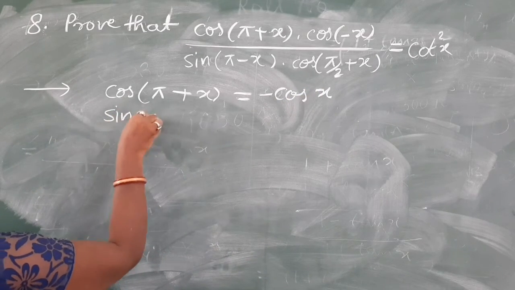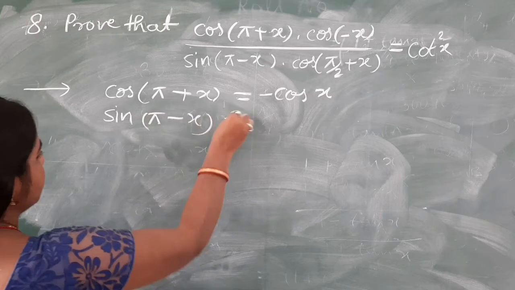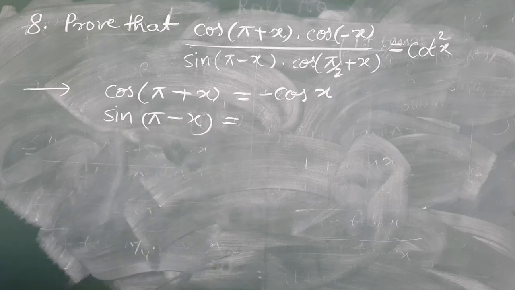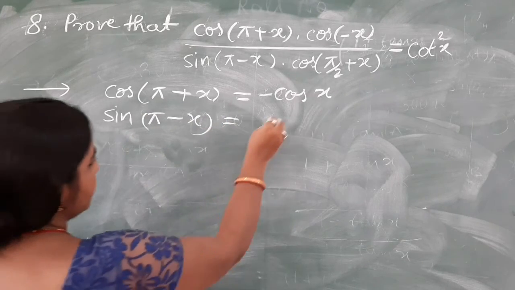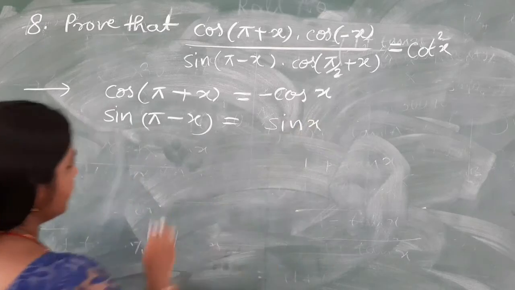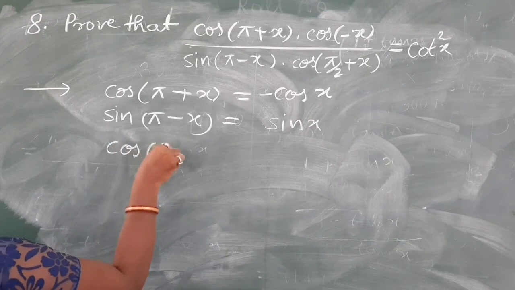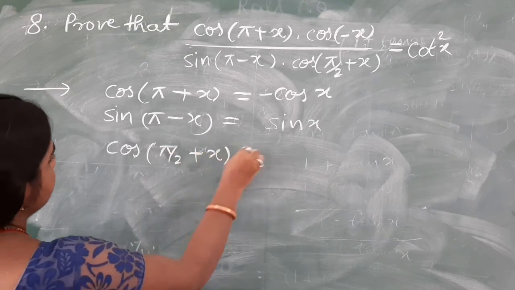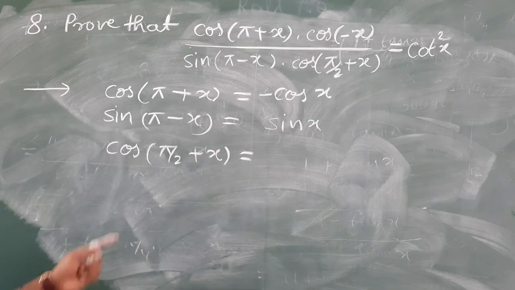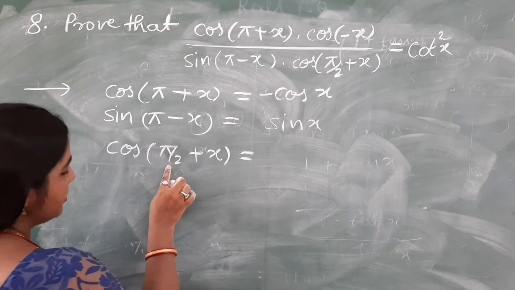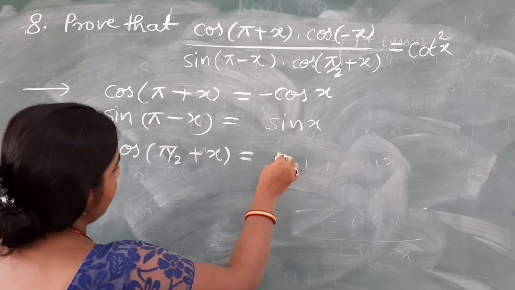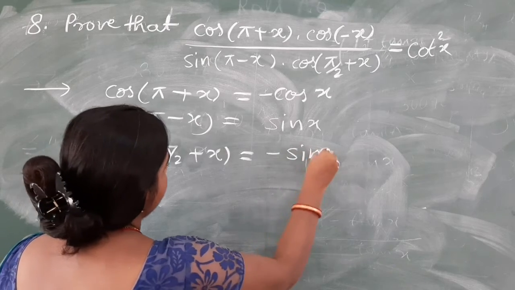Then sin(pi minus x): pi minus x is in the second quadrant, sin pi minus x is sin x, and in the second quadrant sin is positive. And next is cos of pi by 2 plus x. Pi by 2 plus x means second quadrant, cos is negative, and pi by 2 is there, so we will write it as minus sin x.